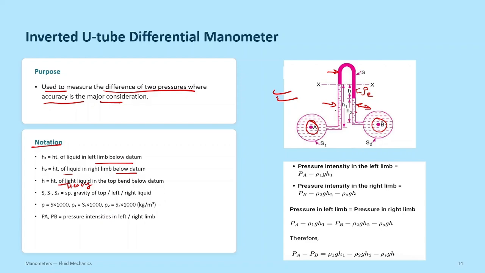And this and this both liquid is same, only this is heavier liquid and the different liquid. PA and PB are the pressure intensity in left and right limb. And this is the equation we are going to derive. So the final formula what we will get, PA minus PB equal to rho 1 GH1 minus rho 2 GH2 minus rho H GH.